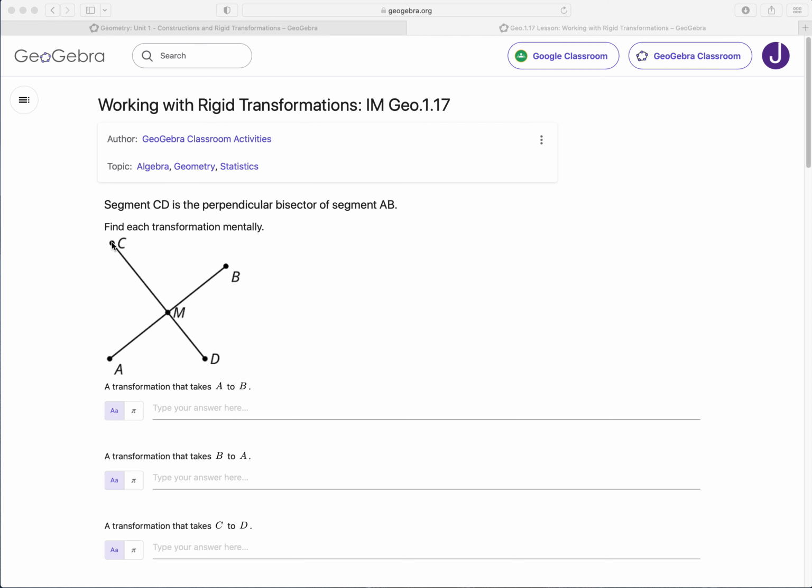So if I were going to try to reflect this or rotate it, and I used M, if I rotate it around M, C is going to be way down here because it's longer than it is from M to D. And if I reflect it across AB, it's also going to get up past where D is. So the only thing I can do is slide or translate C down to D.